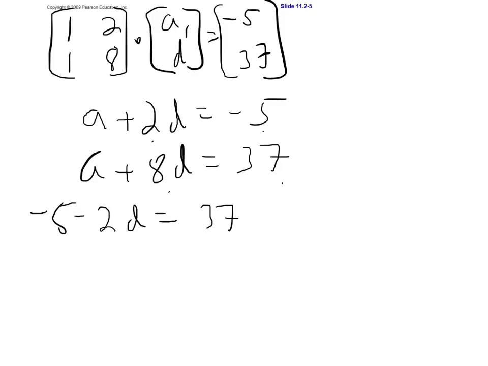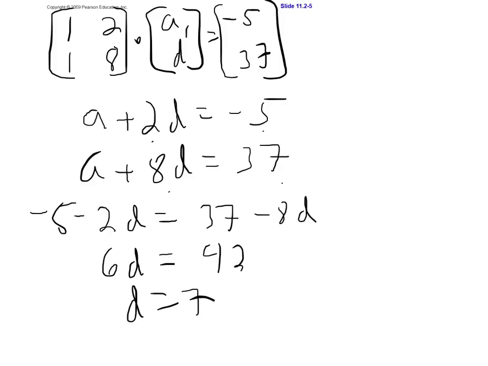Negative 5 minus 2d equals 37 minus 8d. And then I can just do a little bit of algebra here. What do I get? Add 8d to both sides. Add 5 to both sides. So that would tell me the common difference is 7.